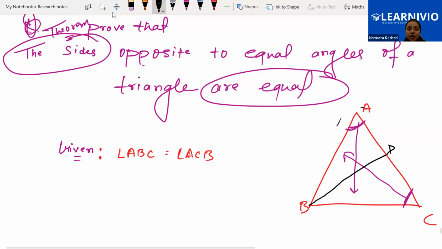However, when such a proof comes, stick to the norm, just to avoid confusion, your concept should be clear. But when you are attempting the question in the exam, you can take the straightforward way: angle B and angle C are the same, and we are supposed to prove that AB and AC, these two sides, will also be of the same length. Okay?